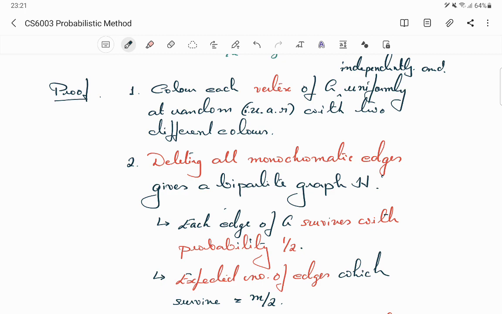So this is the rigorous justification of why the expected number of edges that survive is m by 2. But in the first lecture, it is enough if you understand it intuitively.